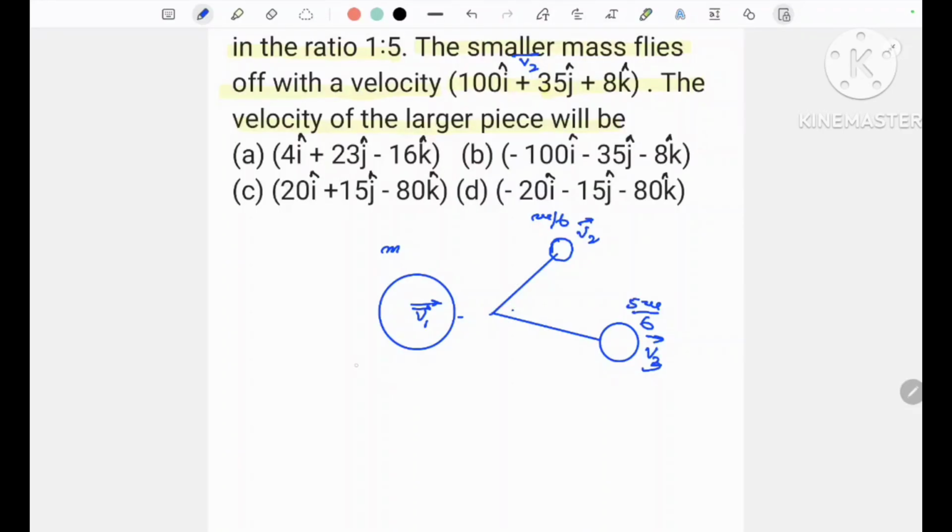By linear momentum conservation, final momentum is equal to initial momentum.